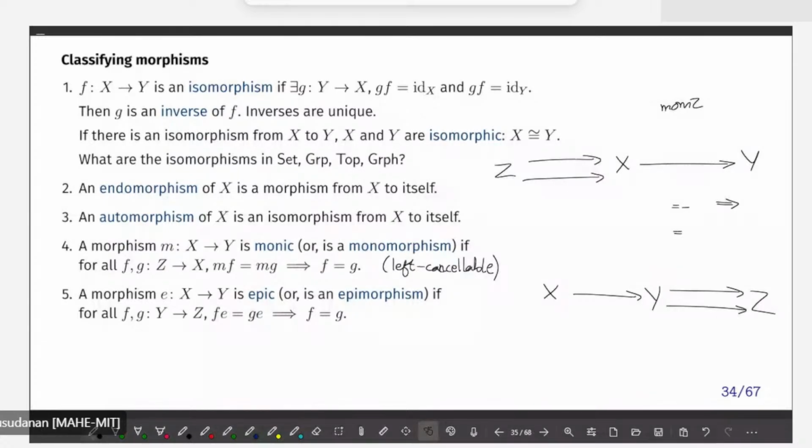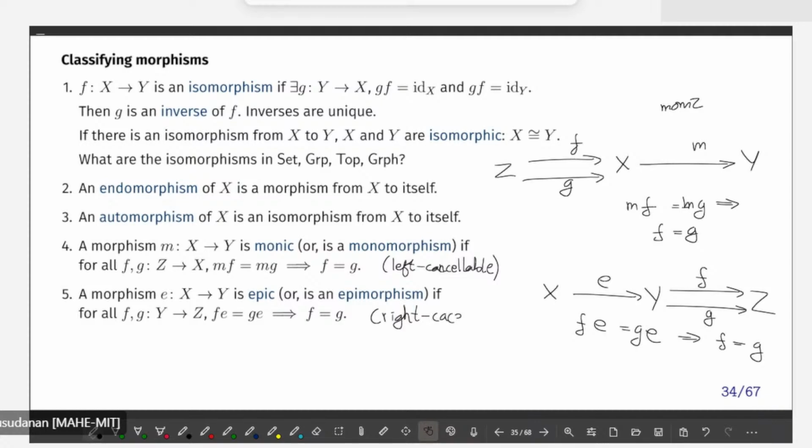What I wrote is not incorrect, but if you read this and look at the diagram, it will look different. So here I used F and G again. If F and G are not the same morphism, then their compositions with the map cannot be equal. Again, cancelability, that's it.